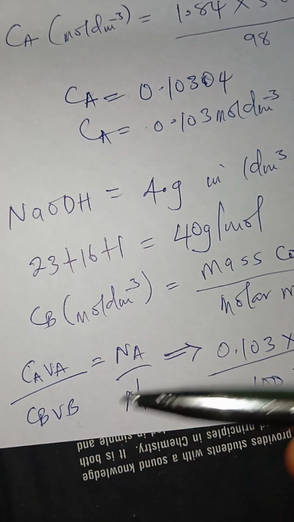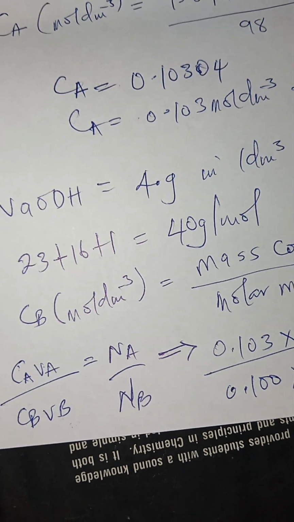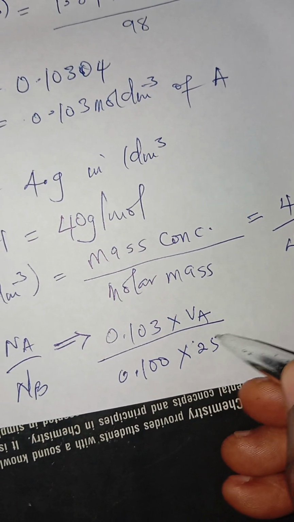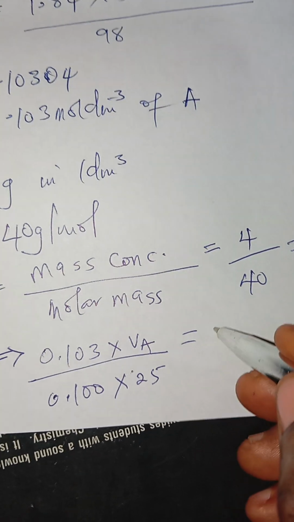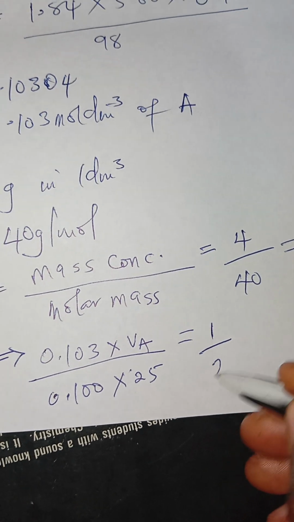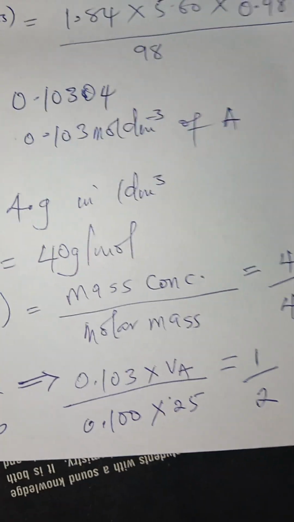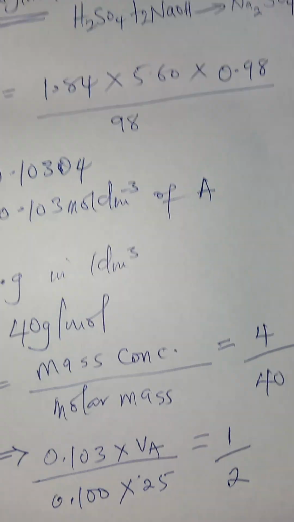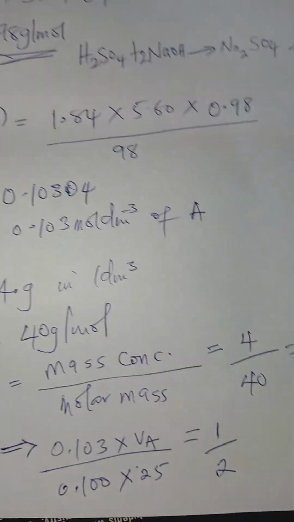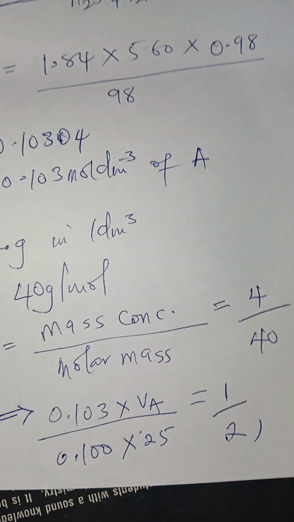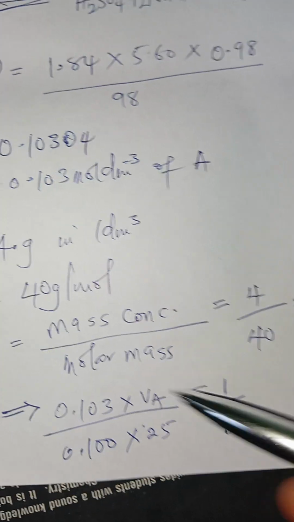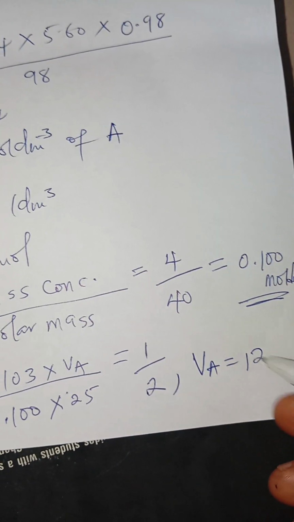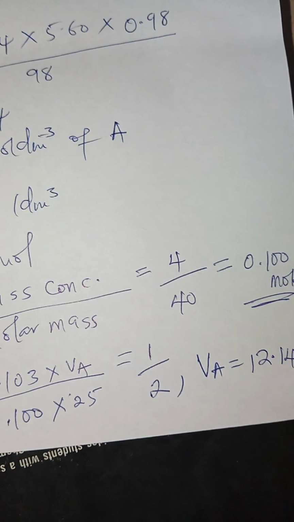So check what your school uses. If your school is using 20, you put 20 here. The number of moles of acid is 1 and that of base is 2. When you do the multiplication well and make Va subject of the formula, you should have about 12.14 cm cube.